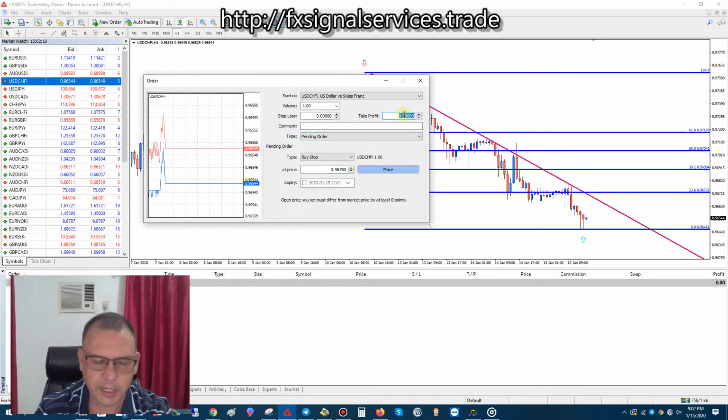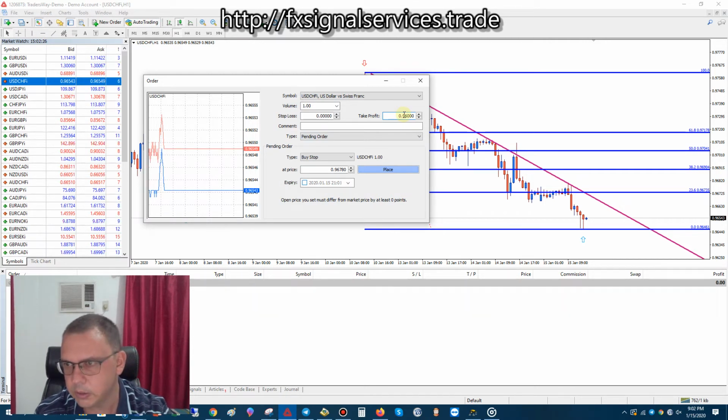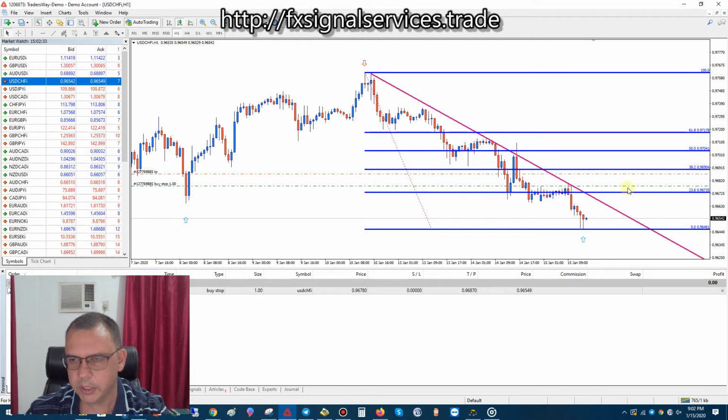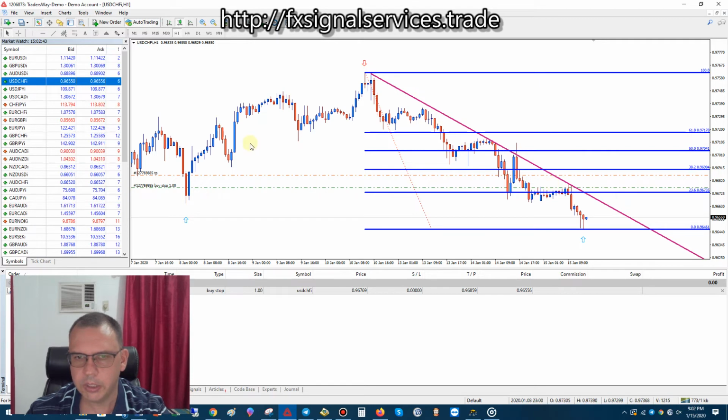Then take profit, put 0.96 870. Let's see how that looks. It looks pretty good. So I've got a buy stop pending order here and take profit here. I might want to bring that down, but either way, that looks pretty good, and I'm just going to leave it alone.